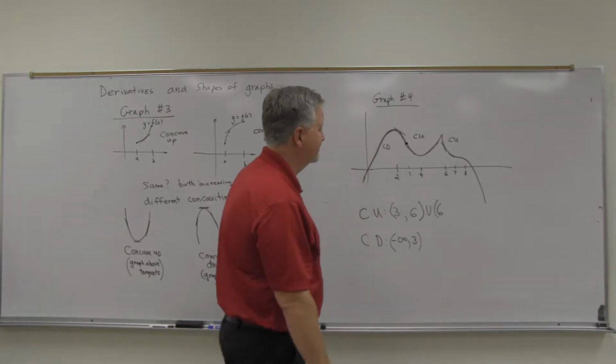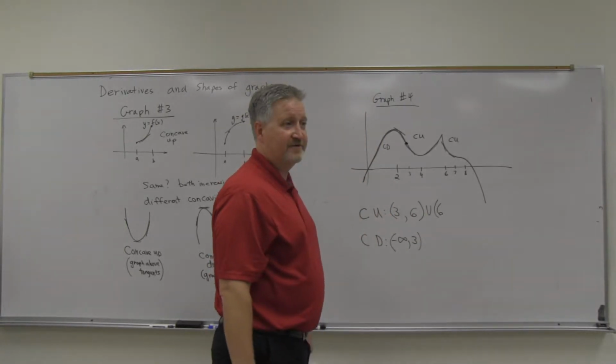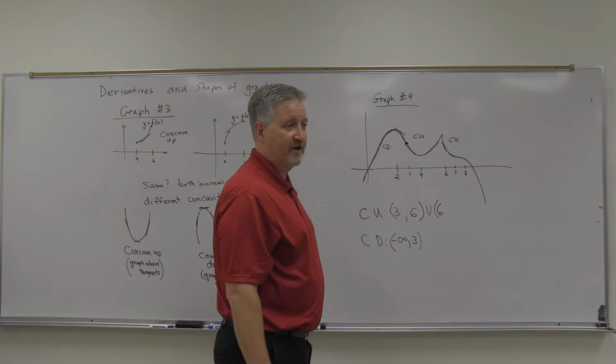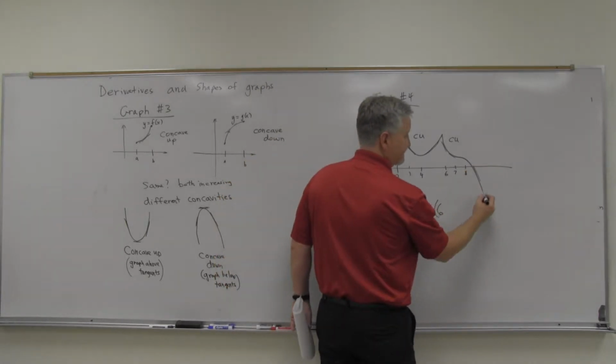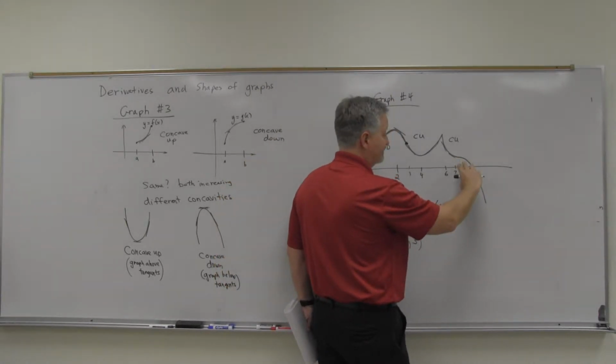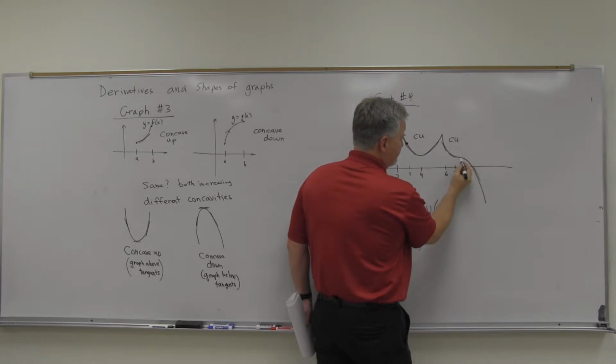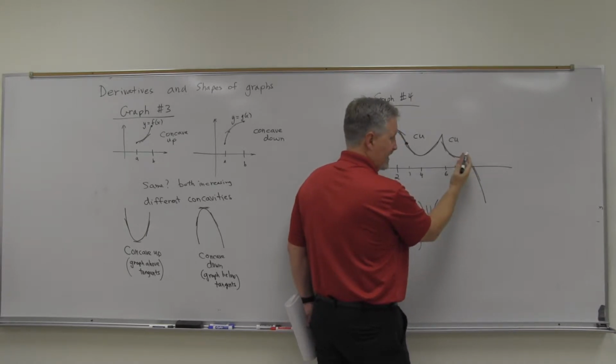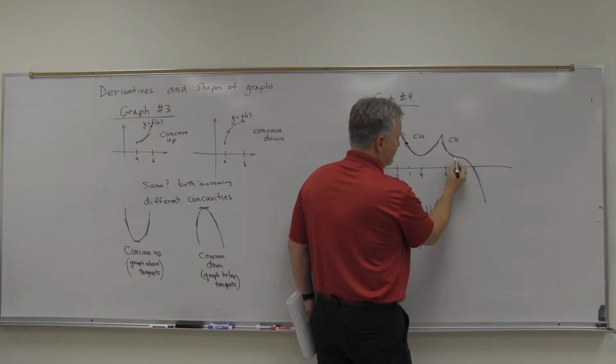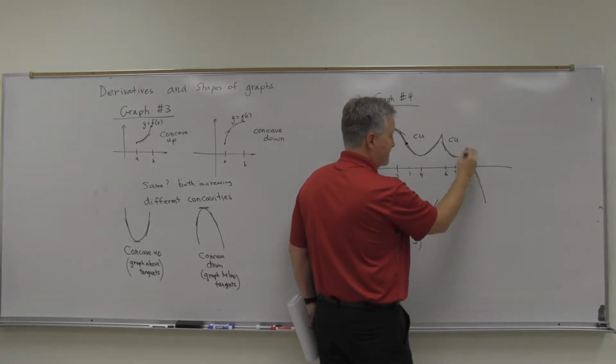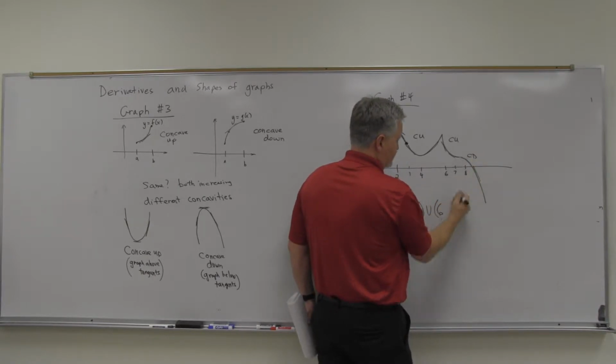Is it concave up the rest of the way? Nope. Got some concave down over here, don't it? Turns back to concave down. And it's kind of where this little wiggle happens. It's concave up until you get to that point, because after that point, the tangent lines are on the other side, which means it's concave down. So I'm going to say about 7.5. That's where it's concave down here.